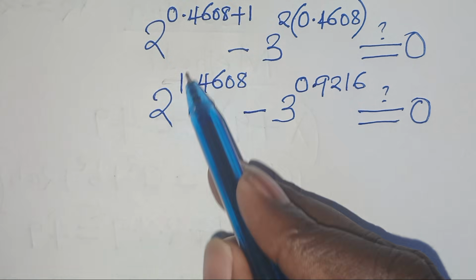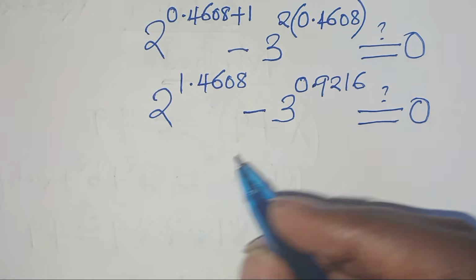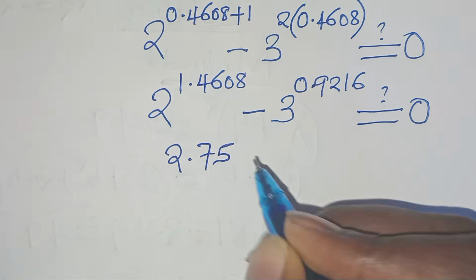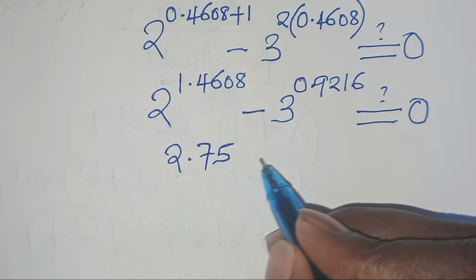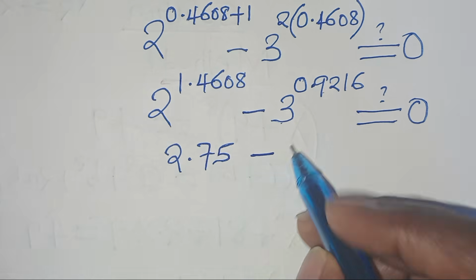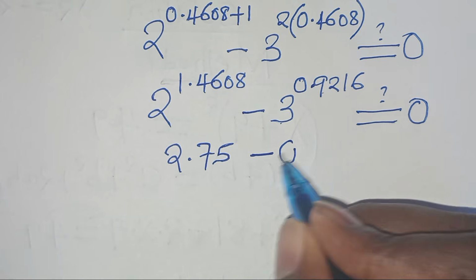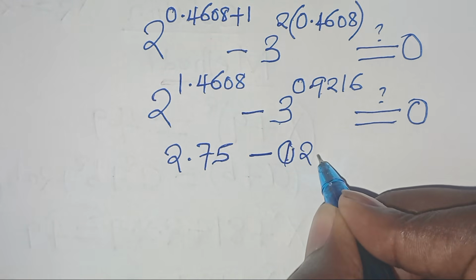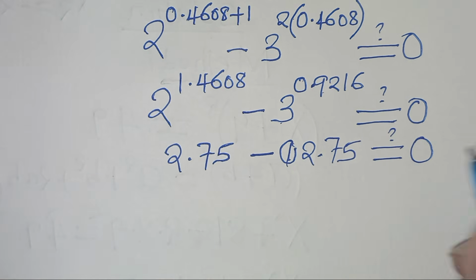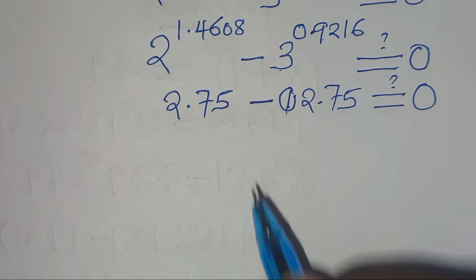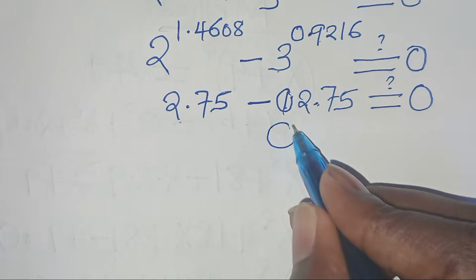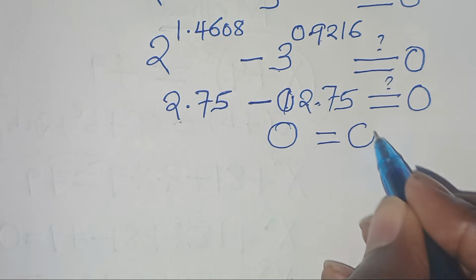Now, 2 to the power of 1.4608 is the same thing as 2.75 to 2 decimal places, then minus 3 to the power of 0.9216, which is also 2.75 to 2 decimal places. So we have 2.75 minus 2.75, which is equal to 0.